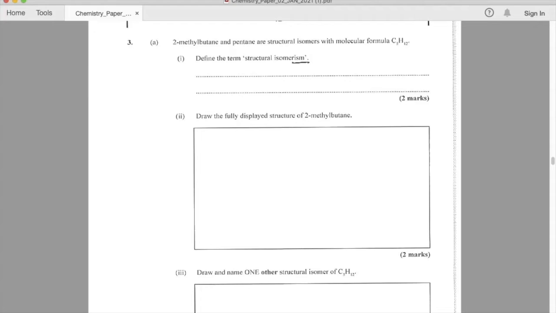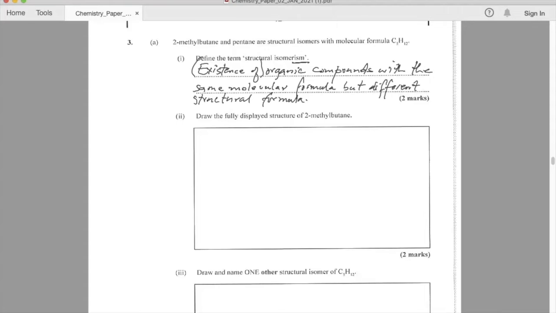So structural isomerism: the existence of organic compounds with the same molecular formula, but different structural formula, or we could say with different arrangement of the atoms in space. The organic compounds part is optional.